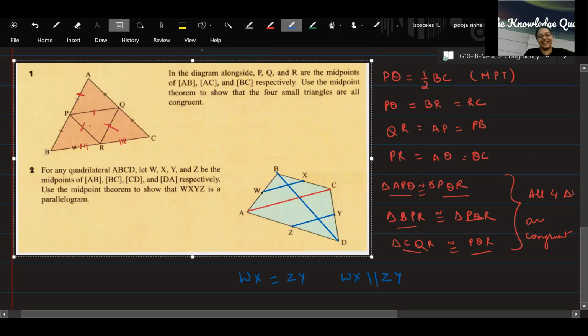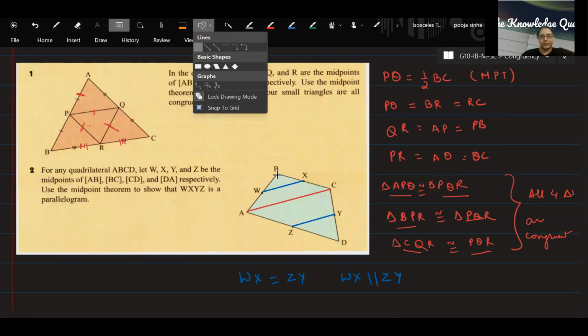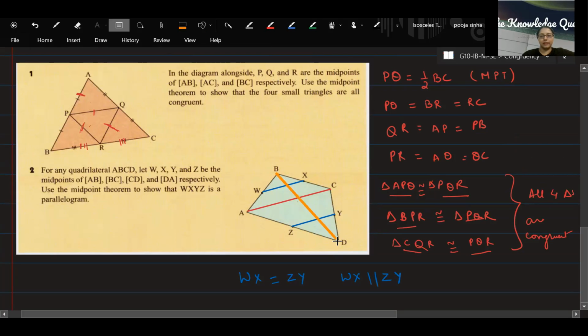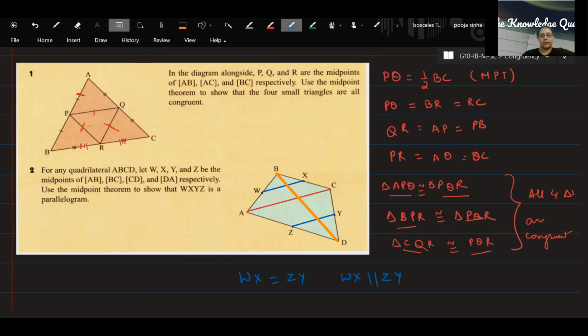Okay, wait, I'll put an orange line. Fine? Okay, and now draw a blue line between W and Z and a blue line between X and Y.